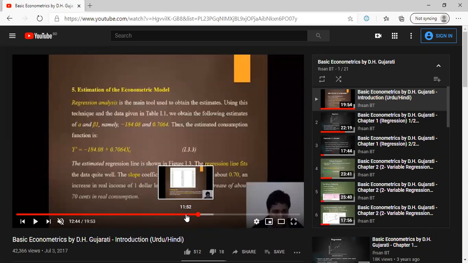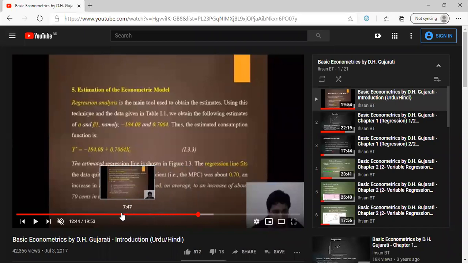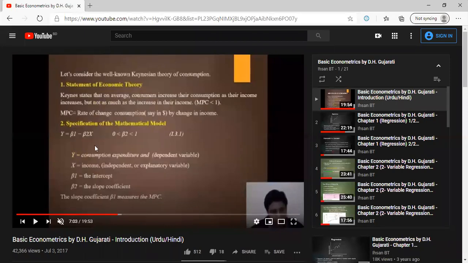Now the main issue here in econometrics. Let's go back. Look at this beta 1 and beta 2. What is beta 1? The intercept. What is beta 2? The slope. To draw a straight line, what do you need? X and Y points. 2 points.